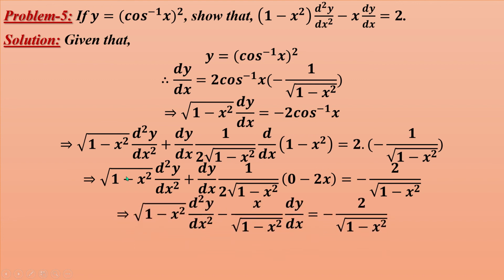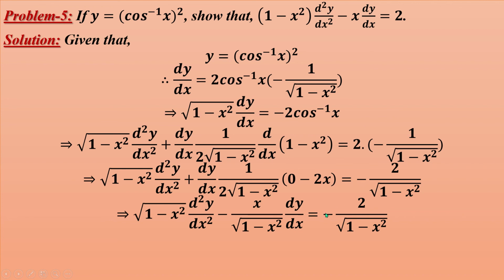Now 2 cancels, this equals, we can write here square root over 1 minus x square d square y by dx square minus x over square root over 1 minus x square and dy by dx. But as here is minus, this minus will be plus, so here will be plus 2 over square root over 1 minus x square. That is, here the minus is missing, so minus minus gives plus, also here will be plus.